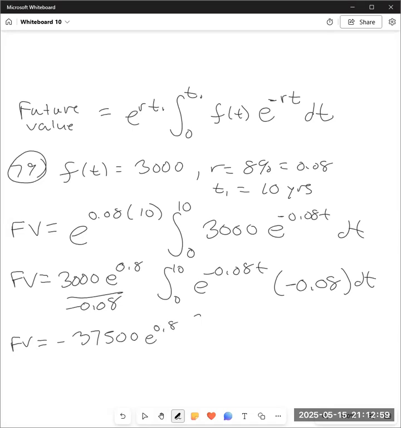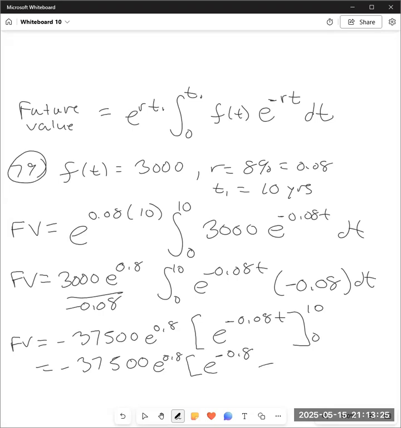And then this is going to be e to the negative 0.08 t evaluated from 0 to 10. So this is negative 37,500 e to the 0.8 times e to the negative 0.8 minus 1.